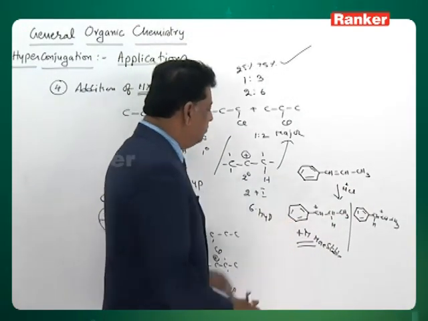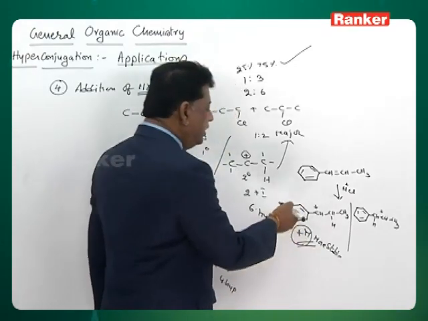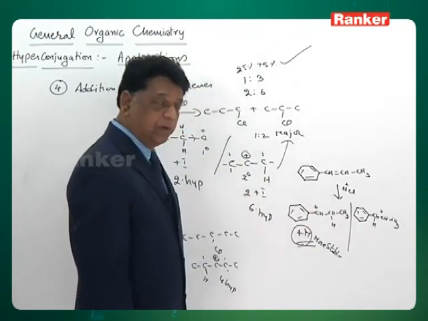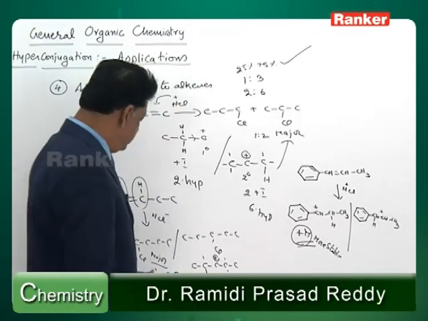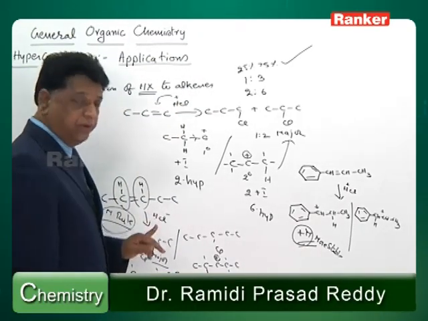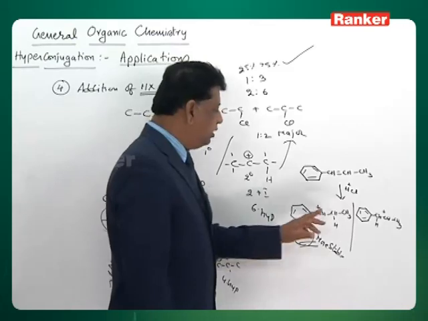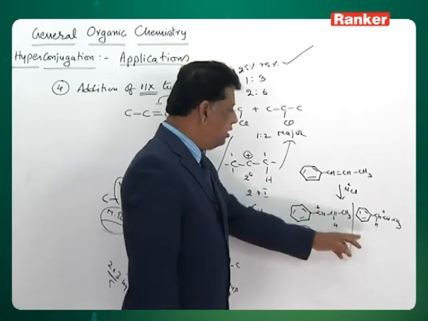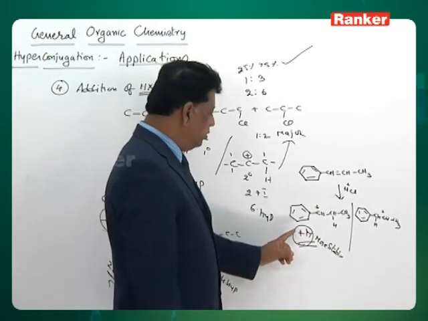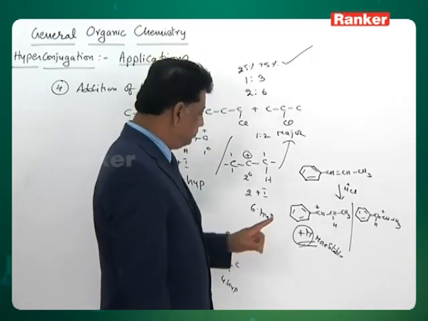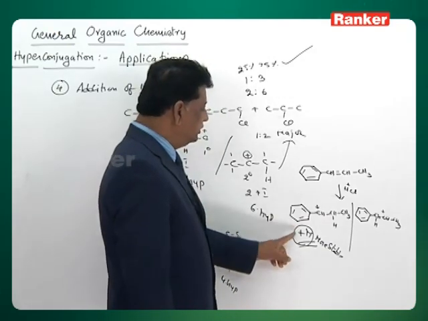But practically the mesomeric effect is a dominating phenomenon over the hyperconjugation. Hyperconjugation dominates over the inductive effect, no doubt. But when hyperconjugation and mesomeric effect contradict each other, we have to consider the resonance or mesomeric effect, which is dominating.